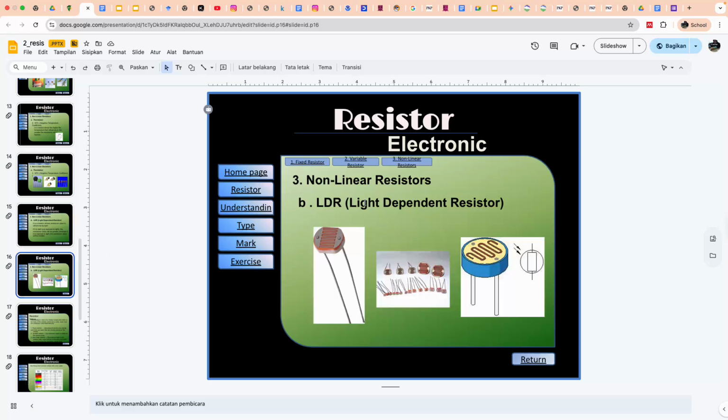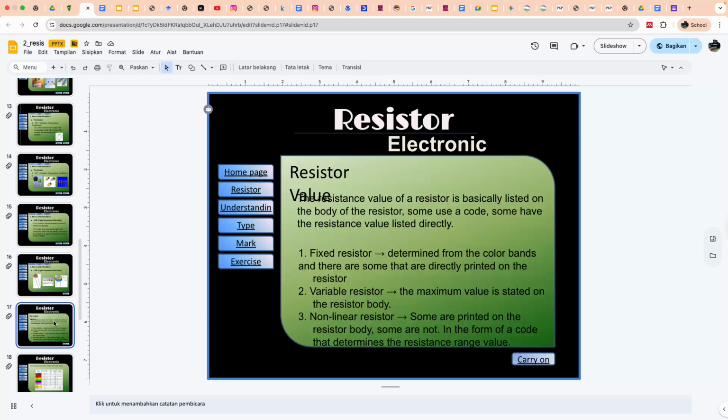This is the LDR, or light dependent resistor. Usually you see it in a lamp, so when it's dark, it turns on automatically.